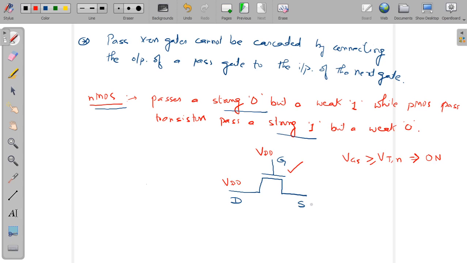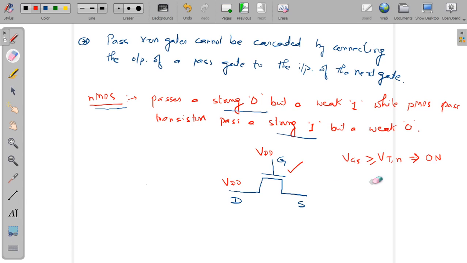So in this general condition, the voltage at the source would be the voltage present at the drain terminal, because the pass transistor is on, and it will be equal to VDD. We can write that the output would be equal to VDD. This is the case that we had seen till now. But there is a twist here, a small twist here.